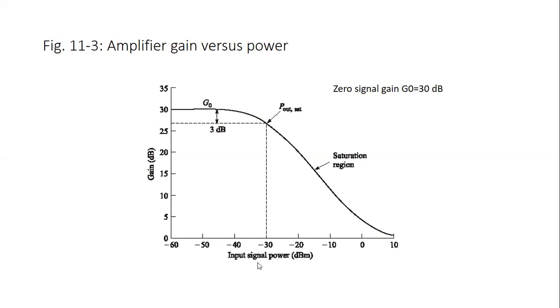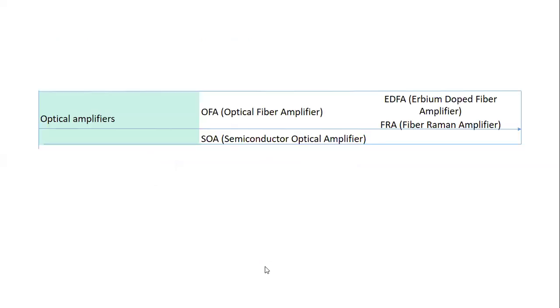This is the gain, this is the input signal power. So as the input signal power increases, initially the gain is constant, and after that it will decay, and if we go on increasing the signal power, then it gradually decays to zero. So this is the variation between amplifier gain and the input signal power.